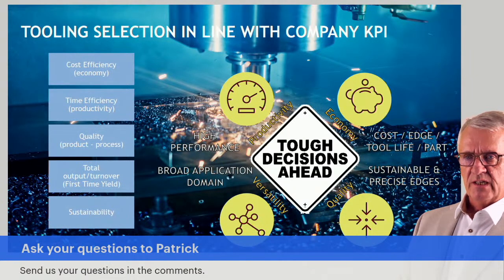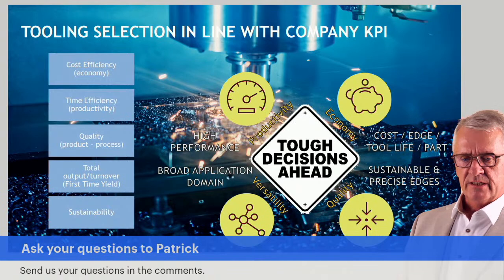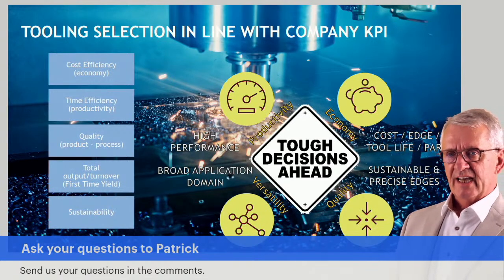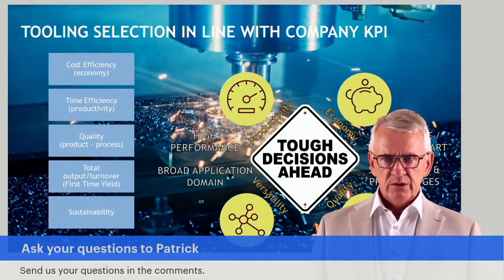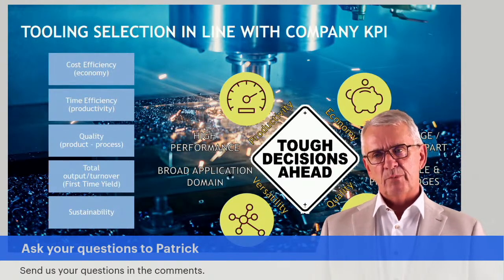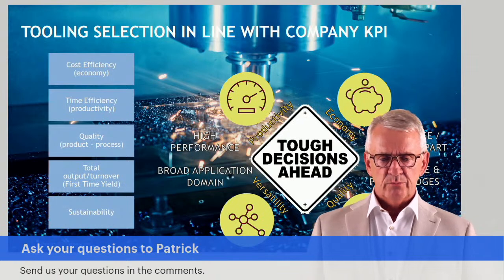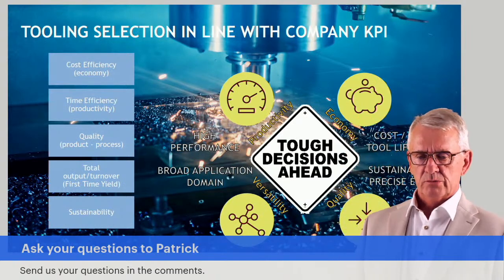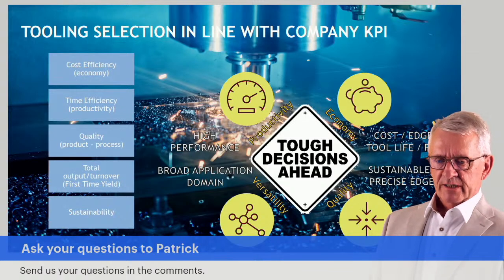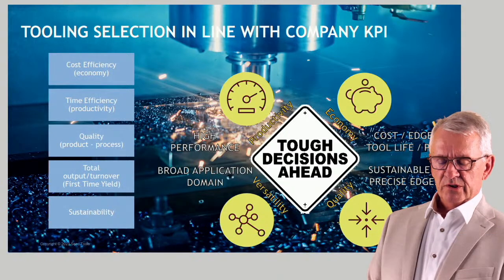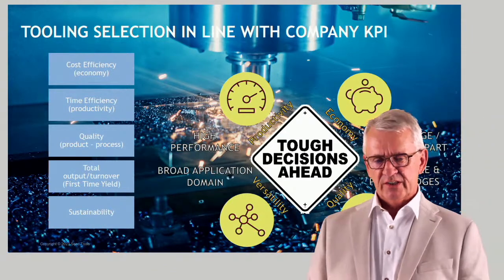Productivity, if that is the company KPI, that is priority 1. Well, the tools you select should show high performance. If versatility is important, you need tools with a broad application domain. If economy is important, you need tools with the lowest possible cost per cutting edge per tool life. And if quality is an important company KPI, then you need sustainable and precise cutting edges.